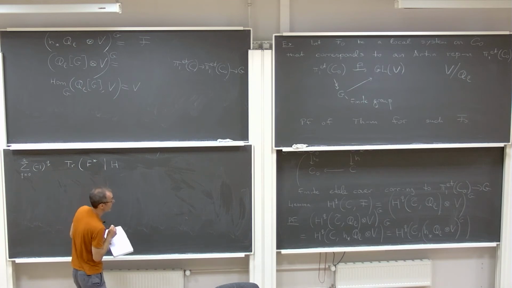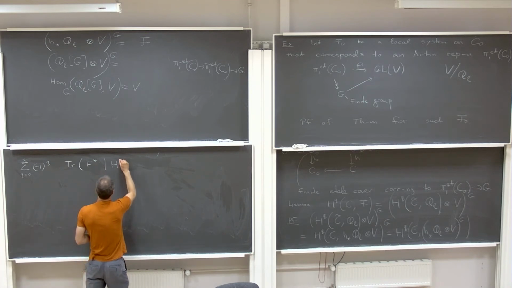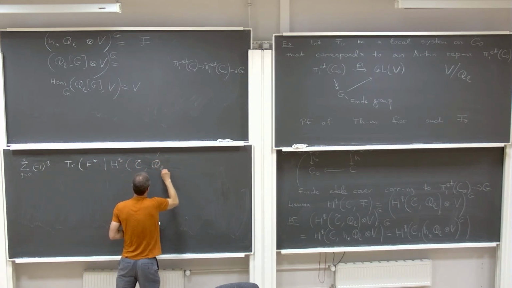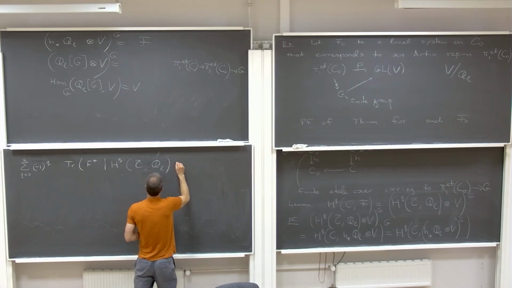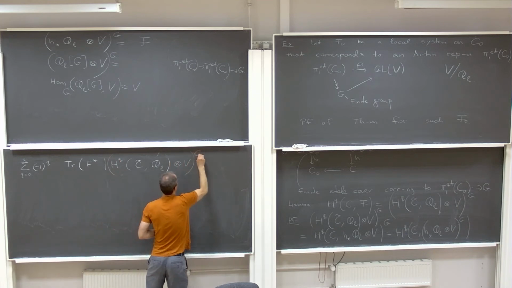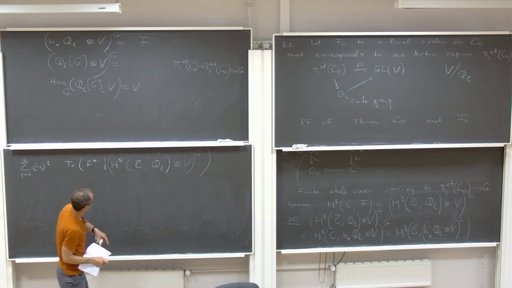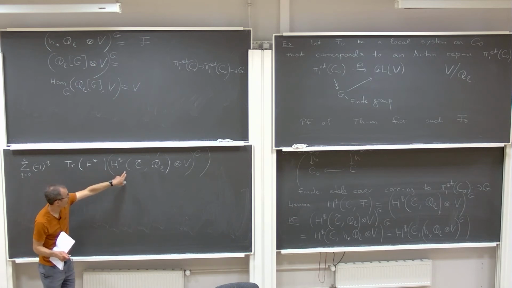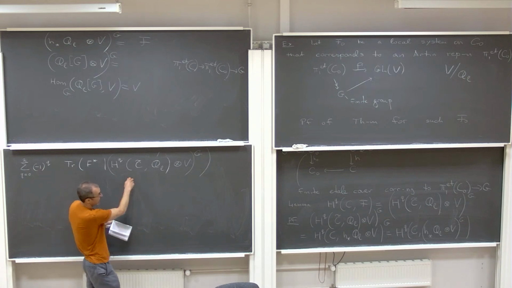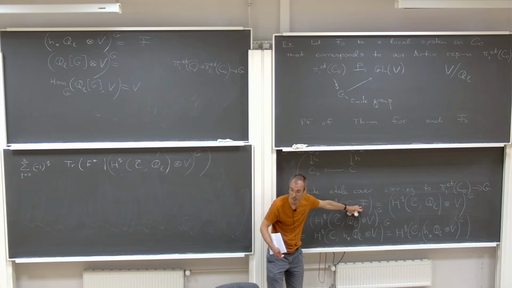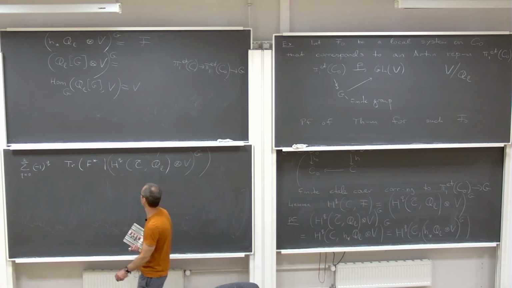I will write this as H_Q of C tilde with trivial coefficients Q_l, tensor it with V, and then I take G invariants. Right? This is the right-hand side of the Lefschetz formula, right? What is written here is precisely the trace of the Frobenius on this group. That's what you want to compute. Okay?